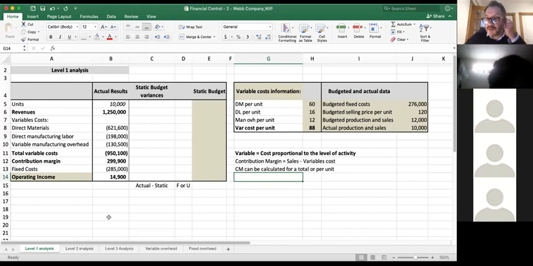Sorry, I was gone for 1 minute. We got some answers. Operating income 44. Let me check, I'm gonna open the official solution at the same time. Operating income 44, no, that's not correct.